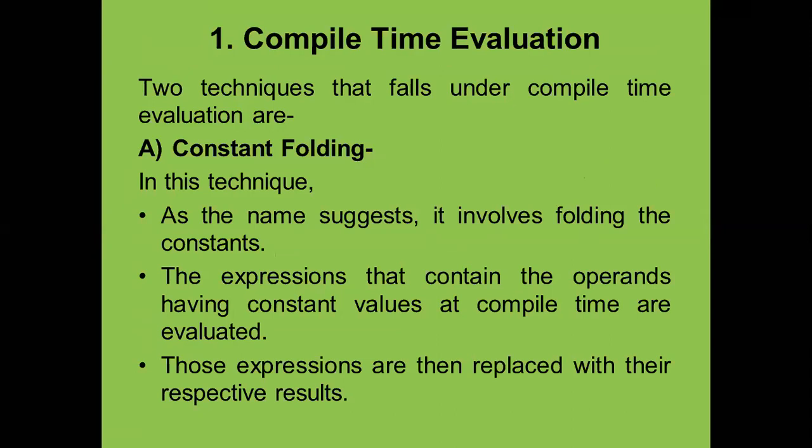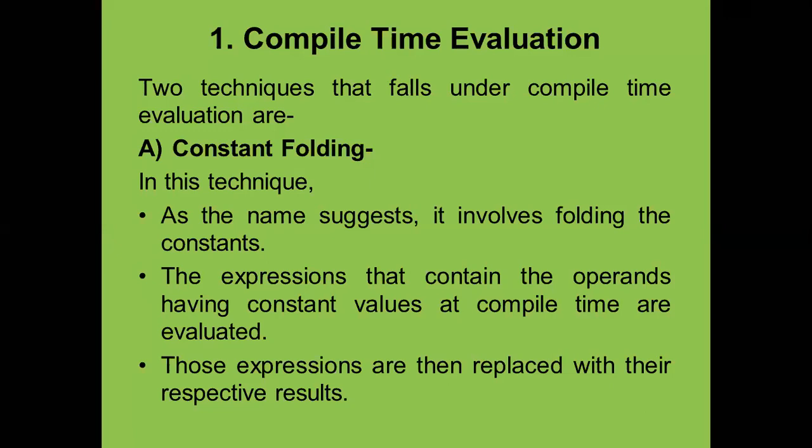Now in this technique, what you are going to do involves folding the constants. Here we are just going to fold the constants, reducing the expression. How do we reduce the expression? Just by folding the constants. If there is more than one constant involved, suppose there is a multiplication of two numbers, and also some other constant value, then first we will multiply those.